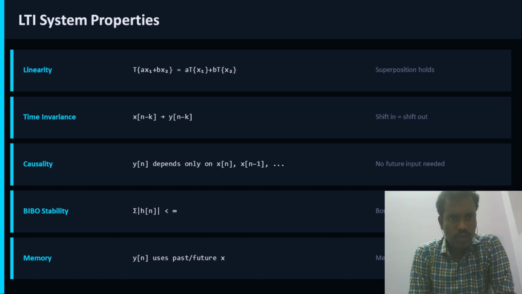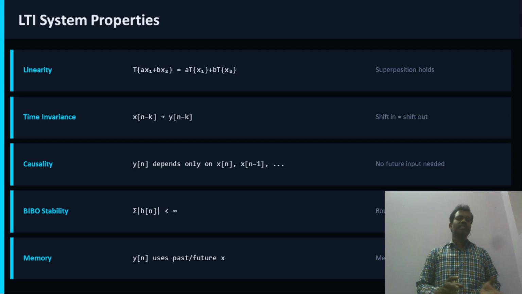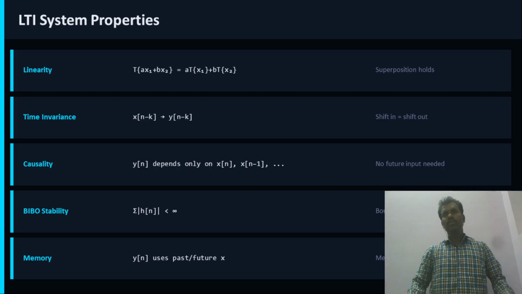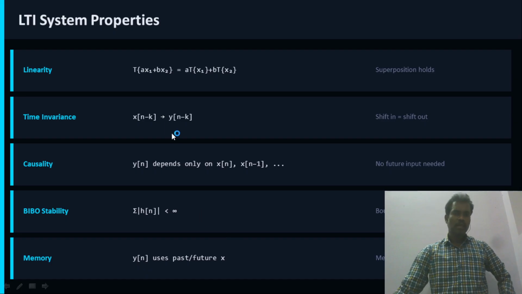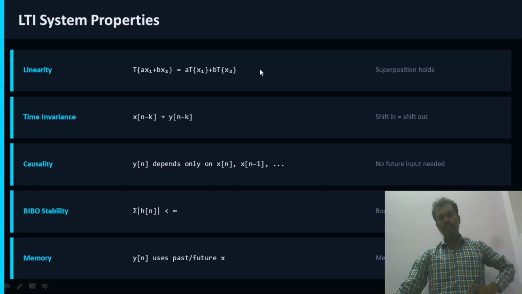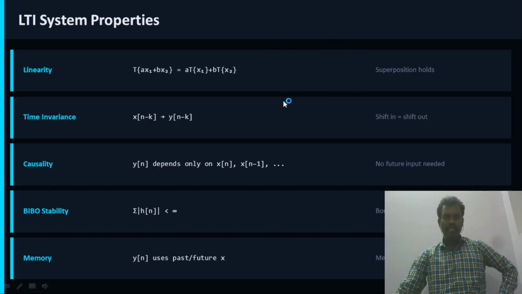Right. Now let's see the classification of systems. Now we will enter into systems, and in that, the main important systems we are going to discuss. System means a combination or interconnection of components.